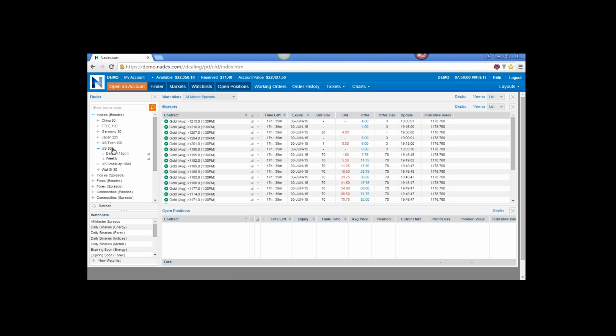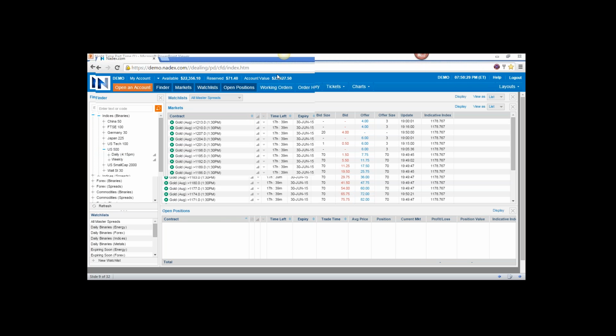Now, obviously the trading pit for those indexes, like the daily US trading pit, opens at 9:30 for the actual US trading session. But Nadex is at 6 o'clock Eastern time for the indexes and commodities and all that, okay?